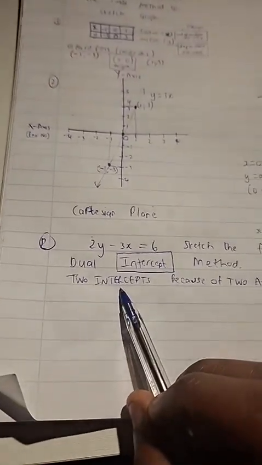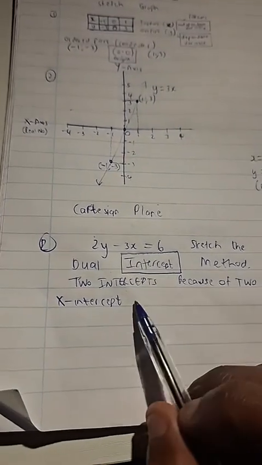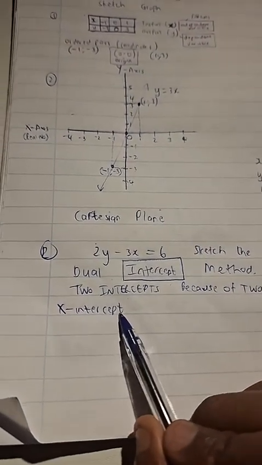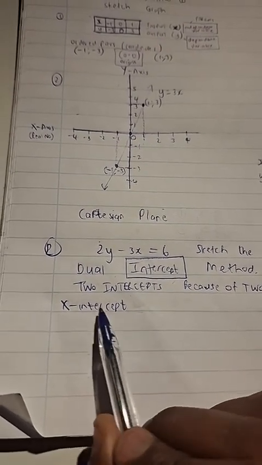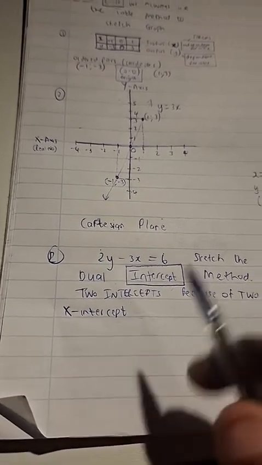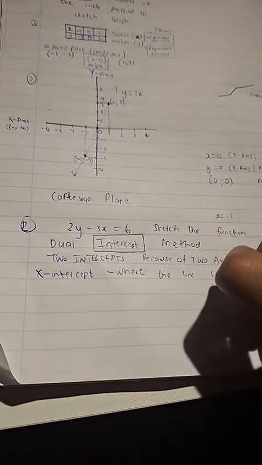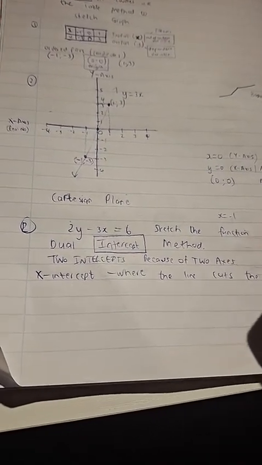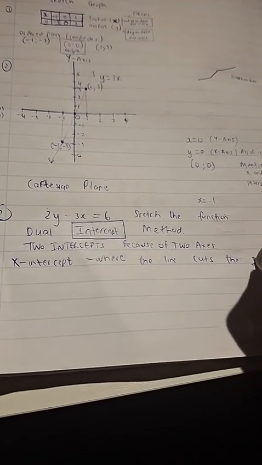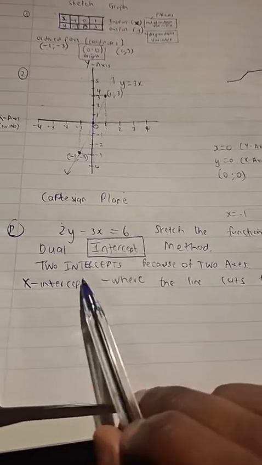Okay, now we have one, the x-intercept. When we say x-intercept, we are talking about where our line cuts, not the y-axis, but the what? The x-axis. Where the line cuts the x-axis, this is called the x-intercept.